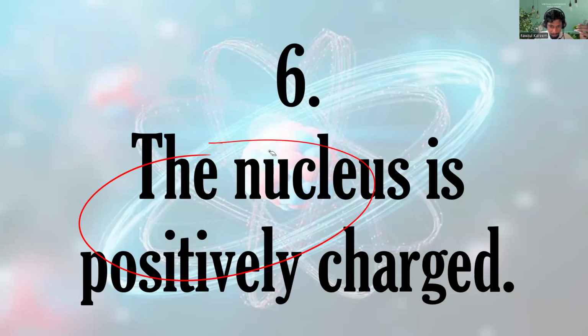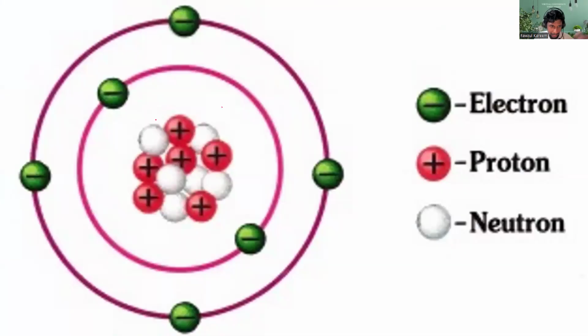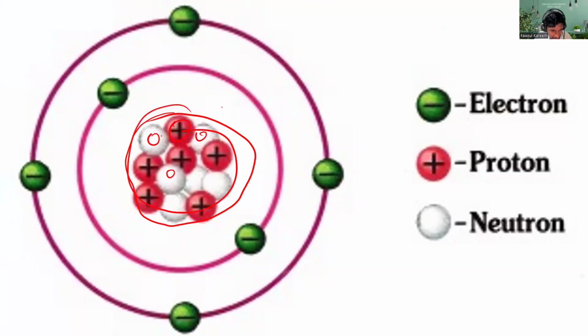So here, at the center, we have the nucleus. You know what a nucleus is. In the nucleus, we have plus charge and no charge, zero charge. So if I ask what is the charge of the nucleus, that is positive charge. Why?